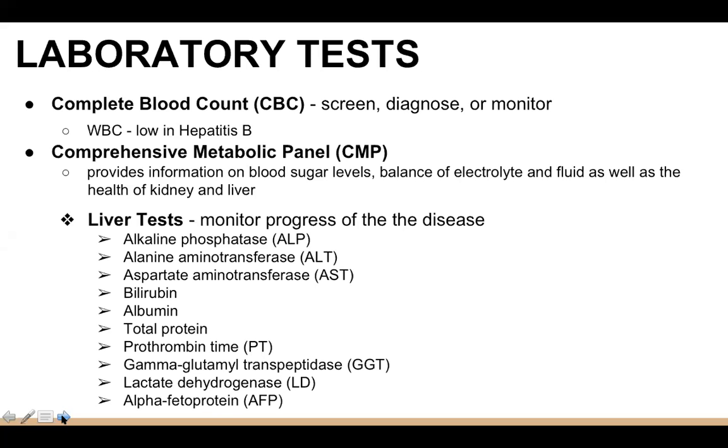The liver tests, which monitor the progress of the disease, are alkaline phosphatase, alanine aminotransferase, aspartate aminotransferase, bilirubin, albumin, total protein, prothrombin time, gamma glutamyl transpeptidase, lactate dehydrogenase, and alpha fetoprotein.